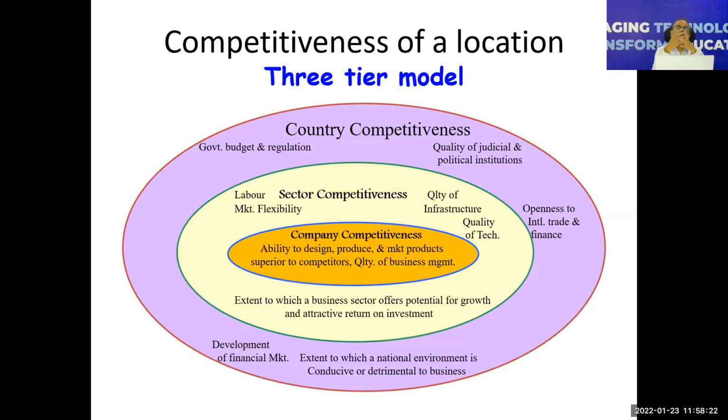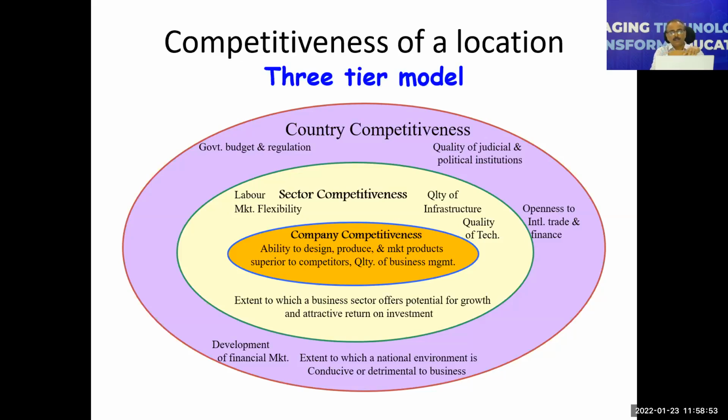If you look at the competitiveness of the different states, you will find that there exists a lot of diversity even among the different states of our country. So from that point of view, whenever any multinational company looks at setting up their operations and at the facility location decision, they will have to look at all these three levels, and accordingly they will have to decide on locating the factory.